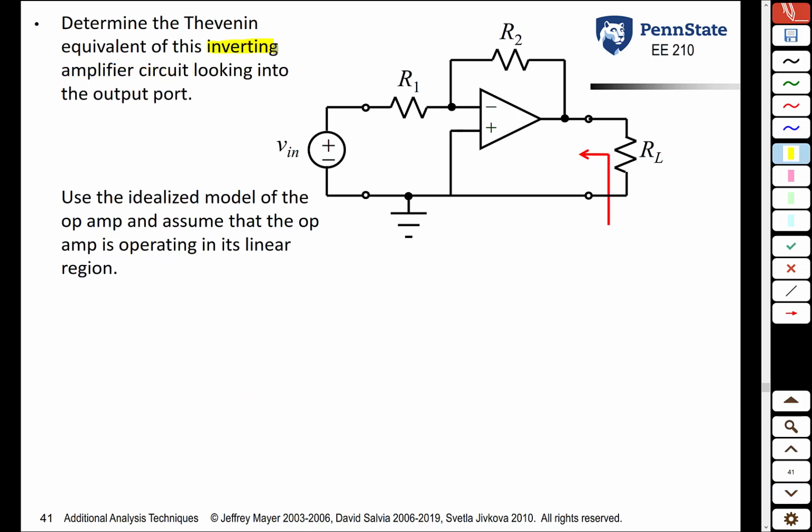Let's look at the same inverting amplifier circuit, but now let's find the Thevenin equivalent as seen by the load. So once again, if you stick a load up to an inverting amplifier circuit, what does it think it's connected to? Well, we already know that the voltage here is independent of the load resistor, and its value is negative R2 over R1 times Vin.